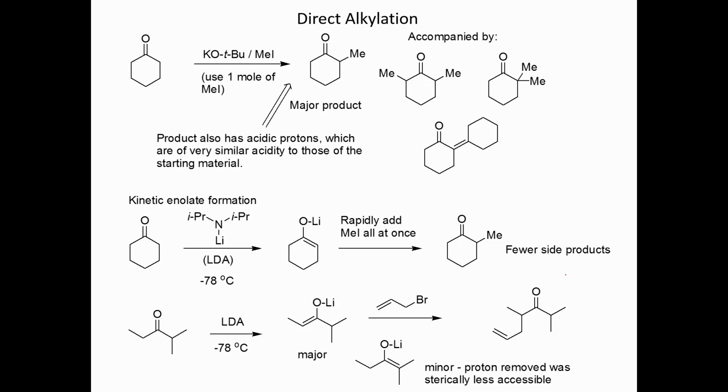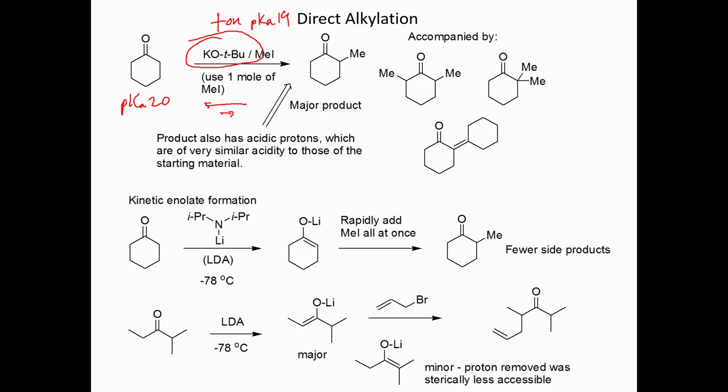The first one up here, the base we're using is potassium t-butoxide. Remember, the pKa here is about 20. T-butanol, the pKa is about 19. So this equilibrium favors the left side.